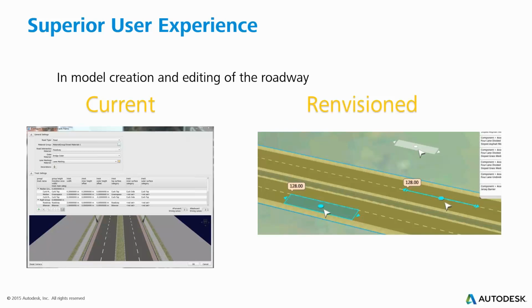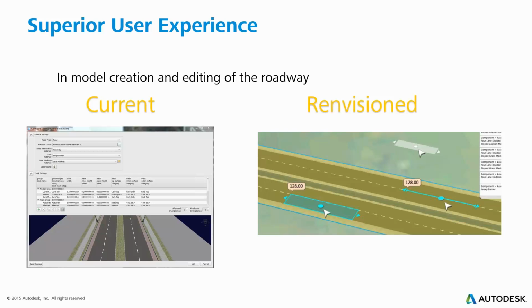There's a lot of flexibility that isn't available there, and we also recognize that we all have typical roadway sections in our projects, but then it's a lot of edits and changes from that typical section to account for changes in that roadway.